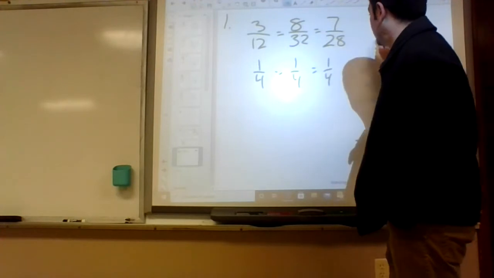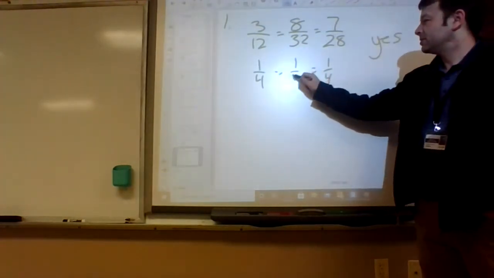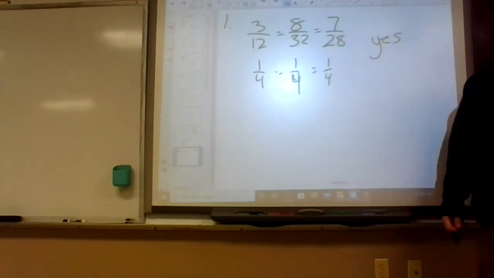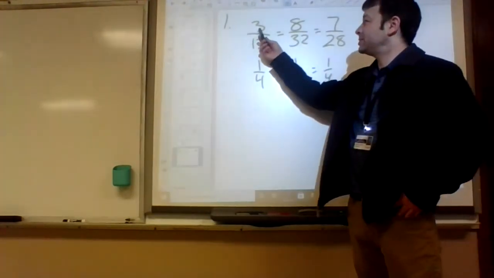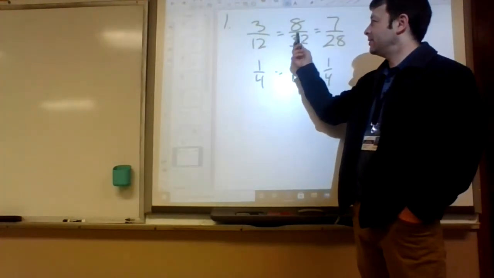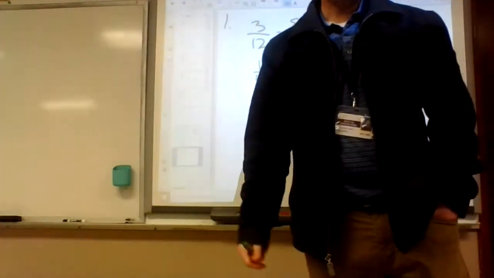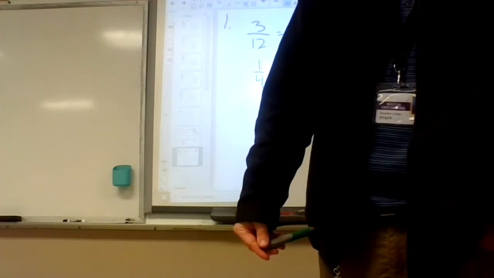So the answer to 1 is yes. Those would be similar triangles. If you plug all those in your calculator as division problems, 3 divided by 12, 8 divided by 32, that would be 0.25 on all of them. That would be another way to do it.